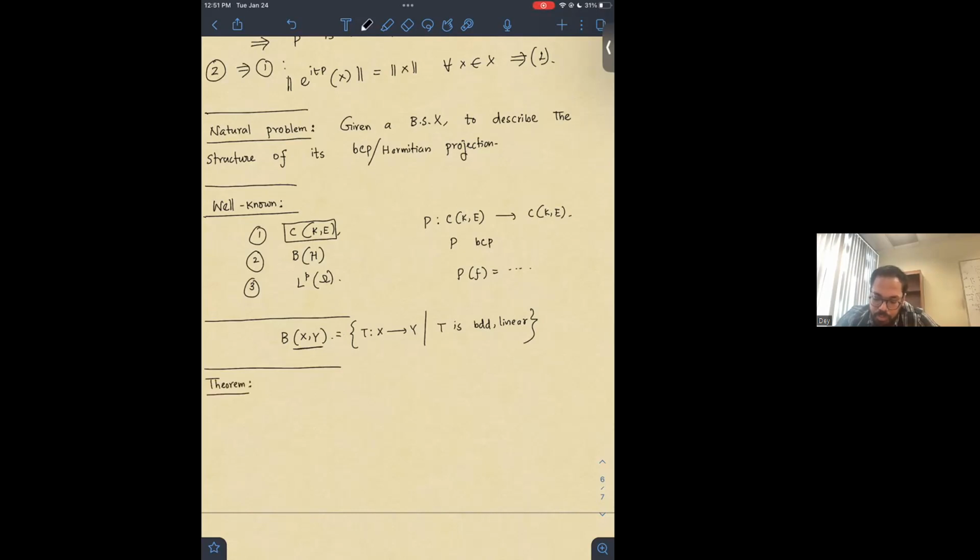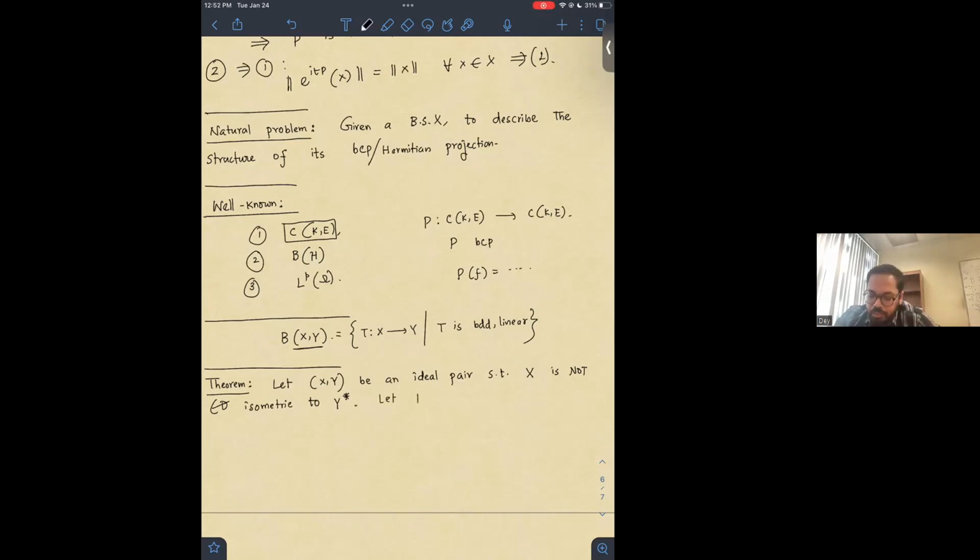The theorem that we proved, me and some of my collaborators: let (X, Y) be an ideal pair, and I'll say what an ideal pair is in a minute, such that X is not isometric to Y star. If X is isometric to Y star, the result is not very interesting, so I'm omitting that case.